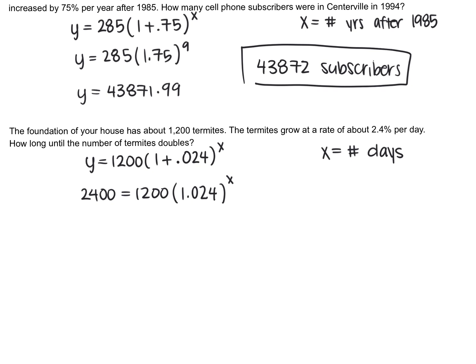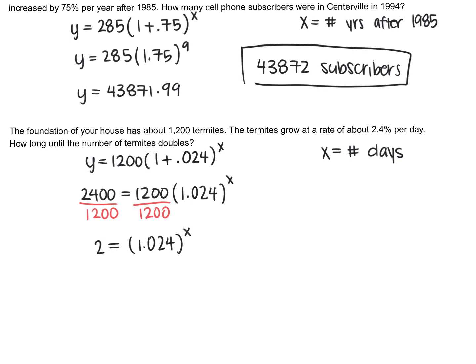We're now going to use what we talked about in section 4 to solve this exponential equation. My first step is always going to be to divide by the initial amount on both sides. So 2,400 divided by 1,200 gives us 2 equals 1.024 to the x.